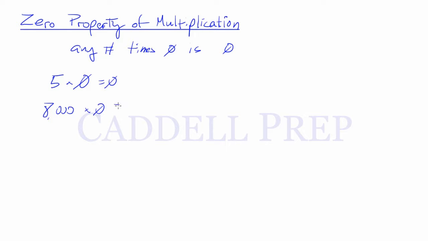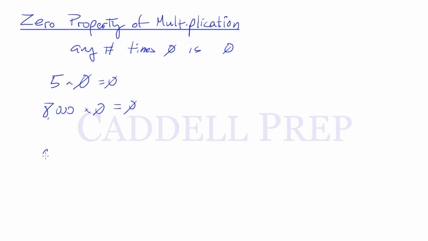Okay, the zero property of multiplication is essentially any number times 0 is 0. So 5 times 0 is going to be 0. 8,000 times 0 is going to be 0.